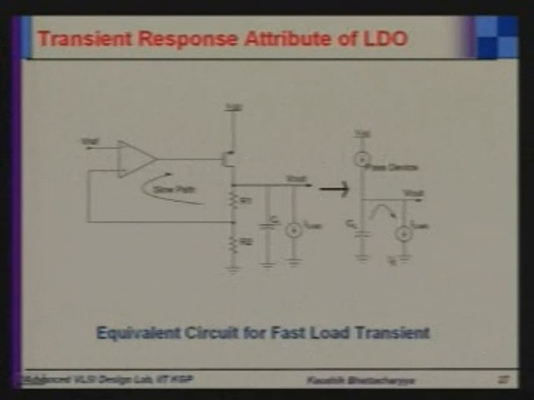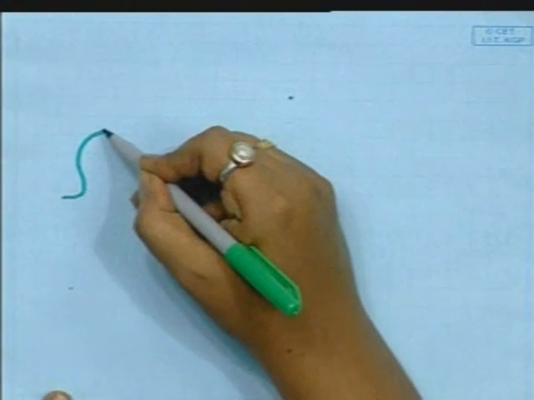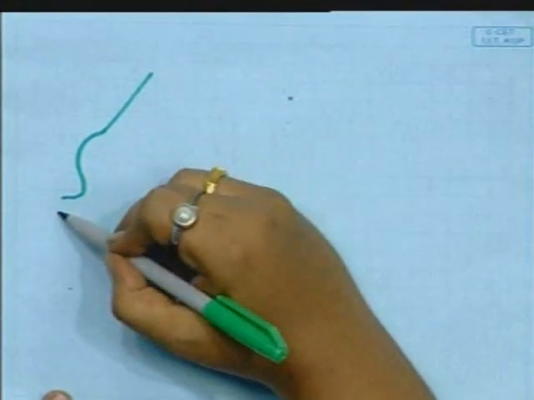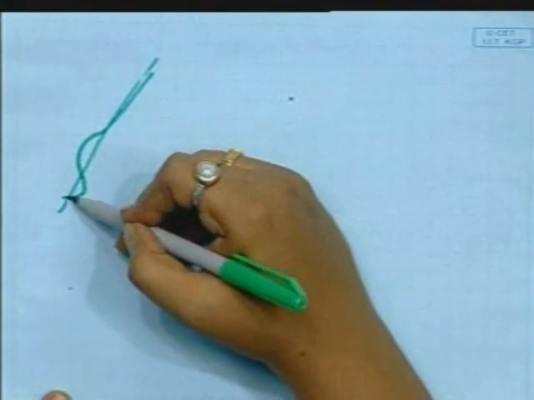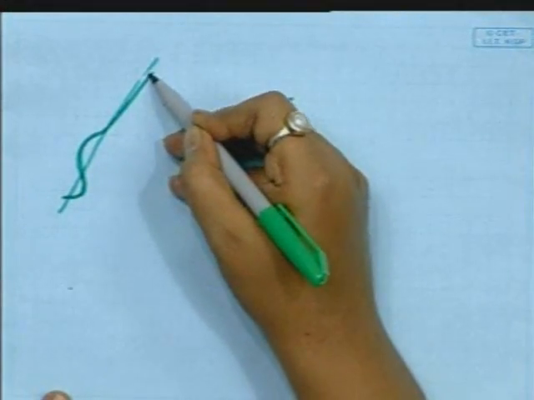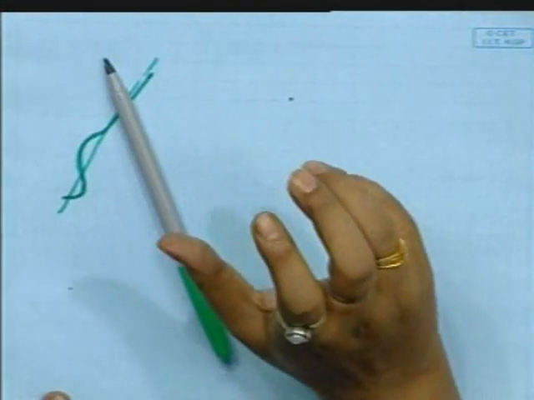And when load transient occurs, due to the slow response time, the charge transfer occurs from this path to this. So there will be some deviation of output voltage like this way. If it is nominal voltage, then there will be some fluctuation of this output voltage, but for LDO with off chip capacitor, this variation will be not much. That means settling time will be quite small.